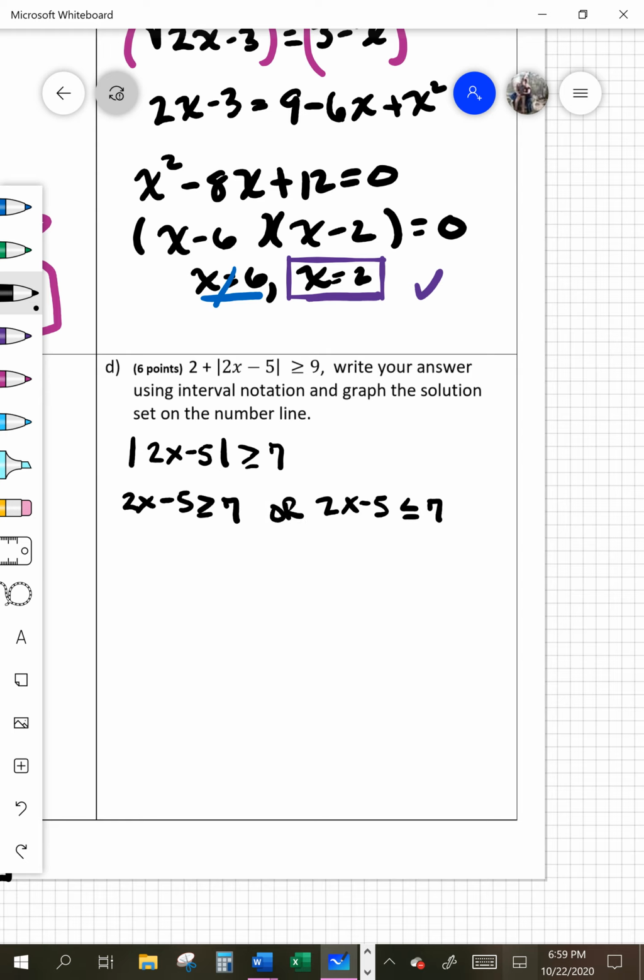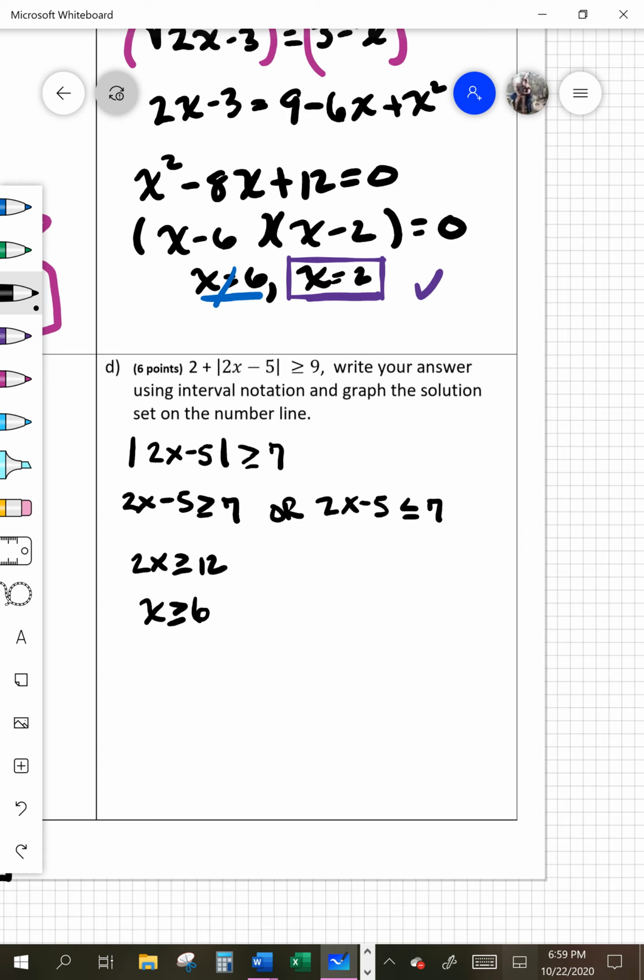Either one of these can occur, and this would be a true statement. To get x by itself, let's add 5 to both sides. We get 2x is greater than or equal to 12. Divide by 2, it's a positive number, so we don't have to worry about flipping our inequality. We get x is greater than or equal to 6.